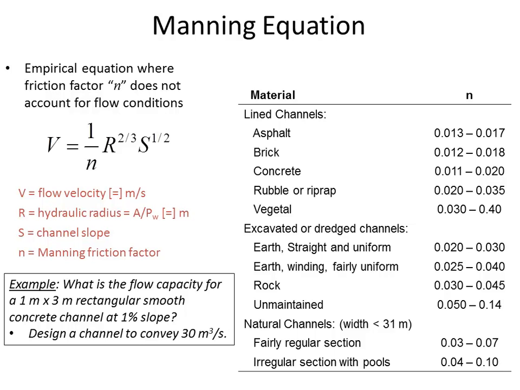In design, you can have some bottom width B, some depth Y. Let's still assume the slope is 0.01, and we'll still assume that the roughness is 0.011. So what should the geometry of that channel look like in order to convey Q of 30 cubic meters per second?